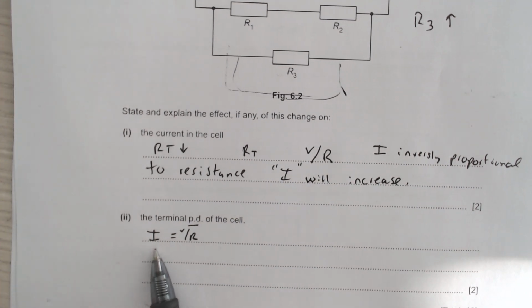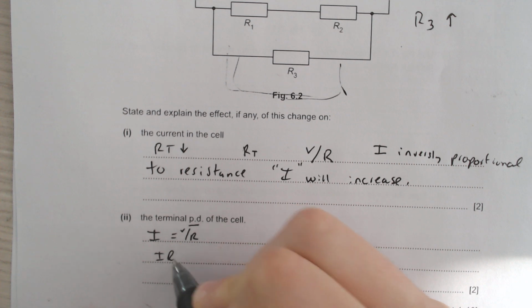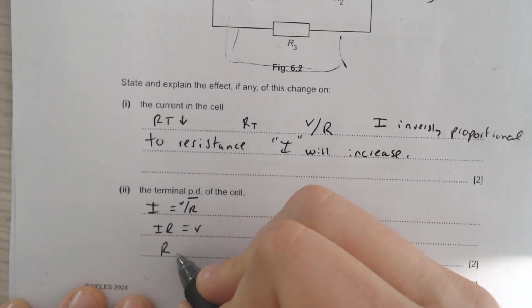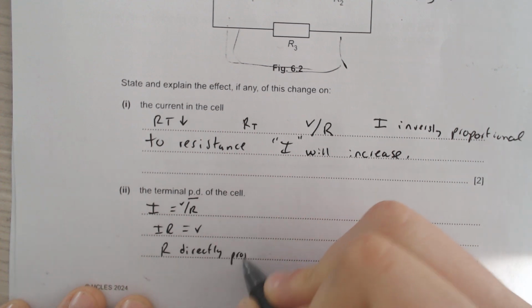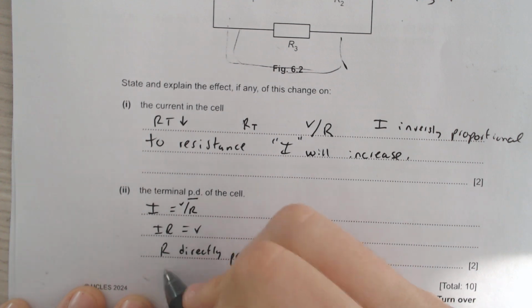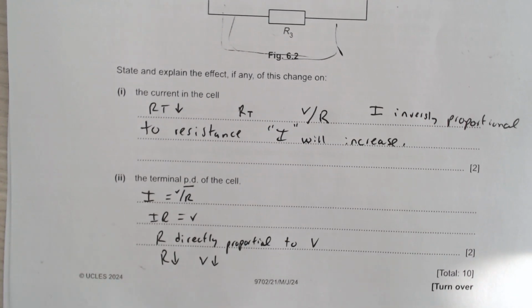The current went up, but if we solve for voltage, I times R would equal voltage. R is directly proportional to voltage. So if R goes down, voltage would have to go down as well. That's using the formula.